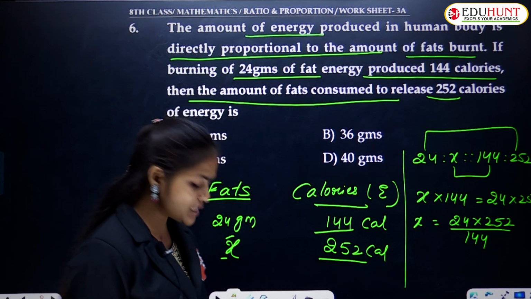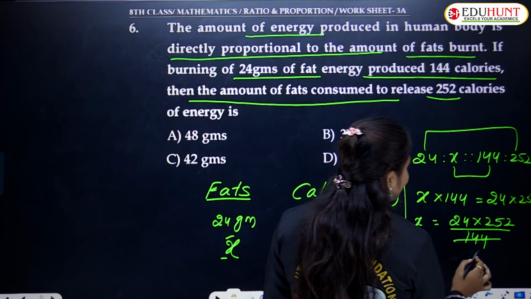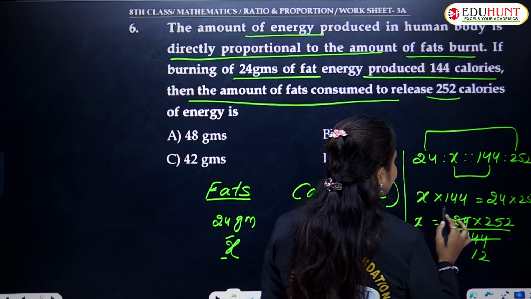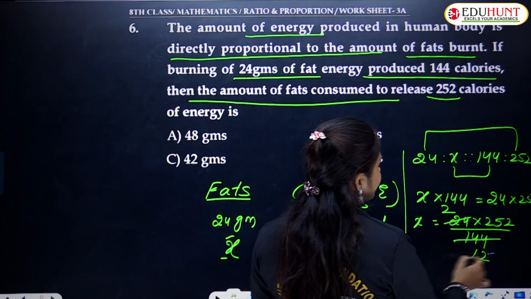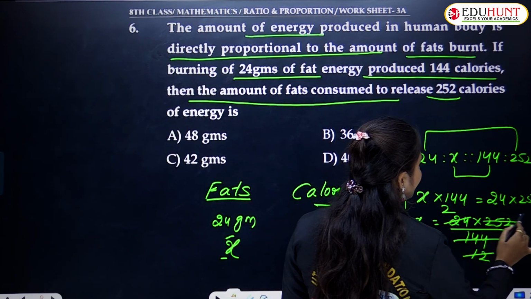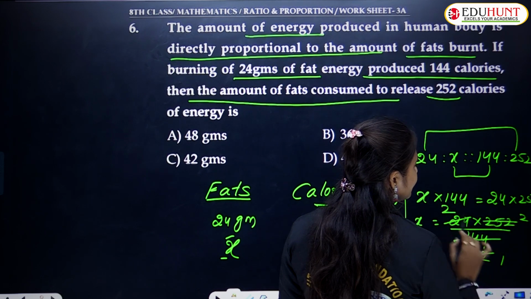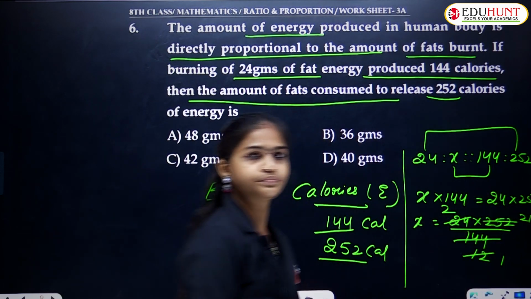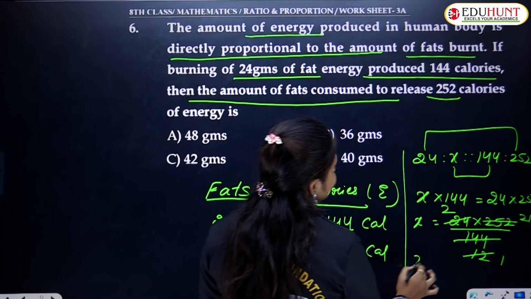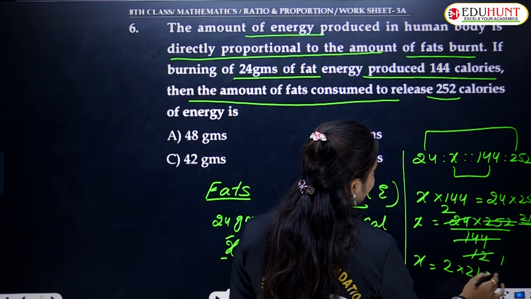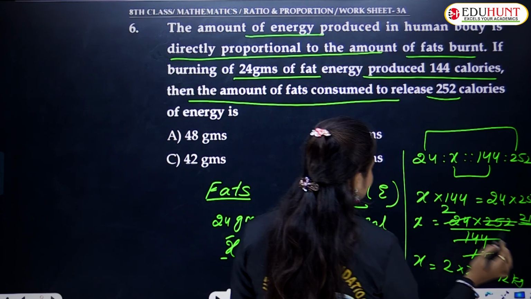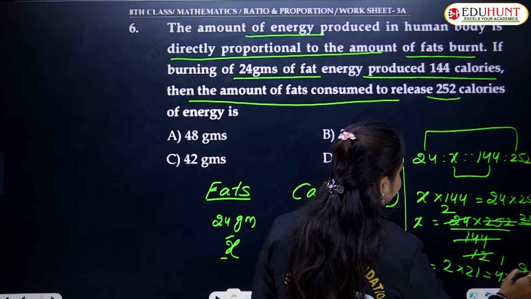Cancelling by 12: 12 twelves are 144, and 12 twos are 24. And 12 twos are 24, and 12 ones are 12. From this, x is equal to 2 into 21, so 2 into 21 means 42 grams.